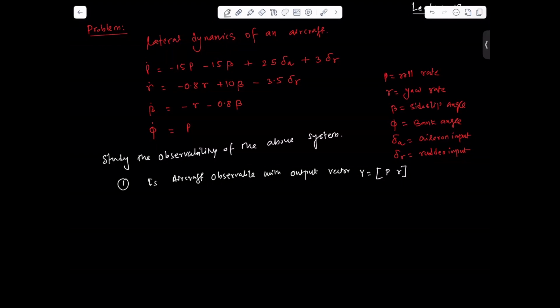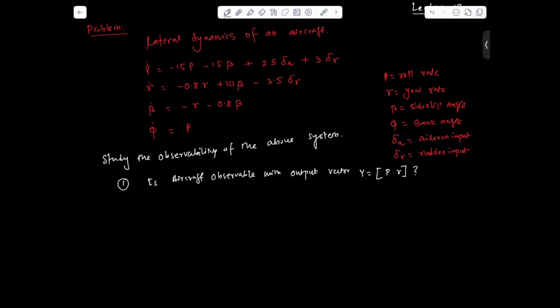In the output equation we only have p and r as the state variables that can be measured. If you notice, we have four state variables, p, r, beta, and phi, but in the output equation only p and r appear. The other states are not there. So based on this condition, we need to check whether the system is observable or not.